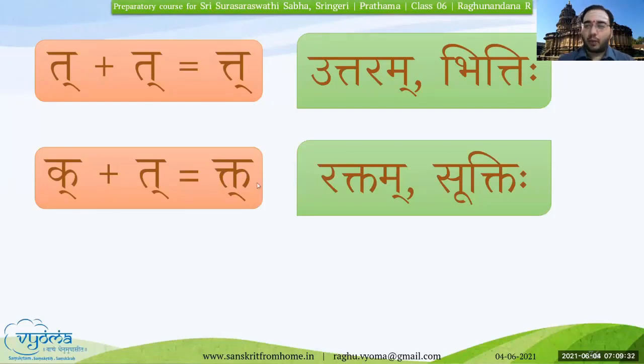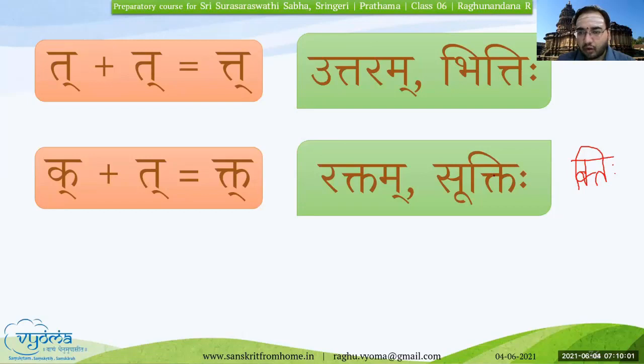While writing, we will not usually write it this way, but it is there in the computer font, and we can also practice writing it this way. Otherwise, in general, how we write this is like this. For example, for bhaktihi, ka is written in half like this, and then ta. This is how we usually write it.